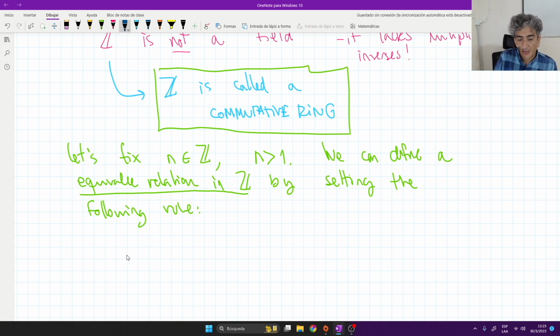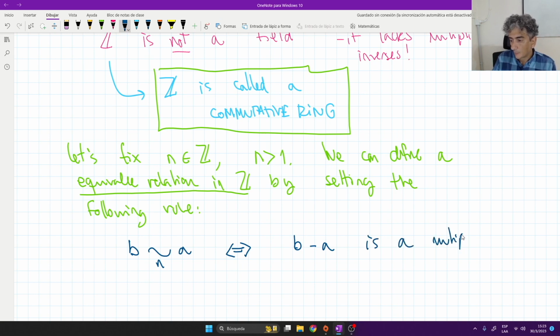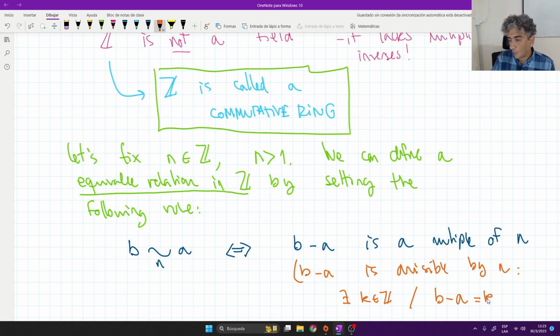We'll say that B is related to A according to N if and only if B minus A is a multiple of N. This can also be stated as B minus A is divisible by N. So there exists K in Z such that B minus A has the form K times N.